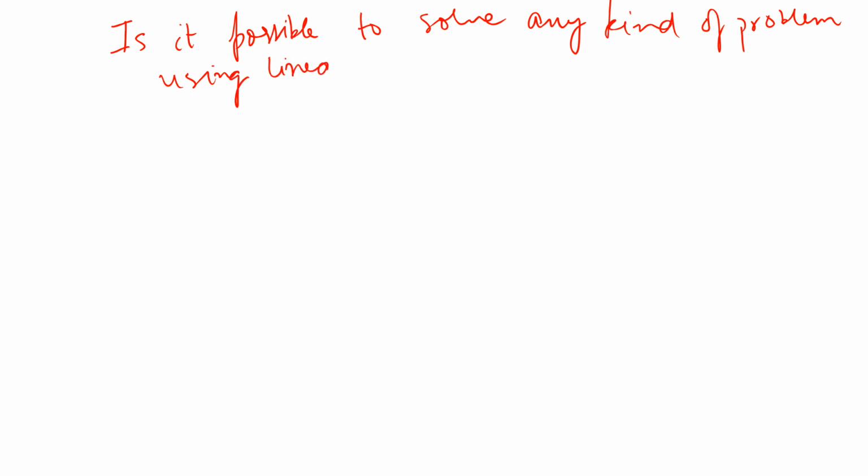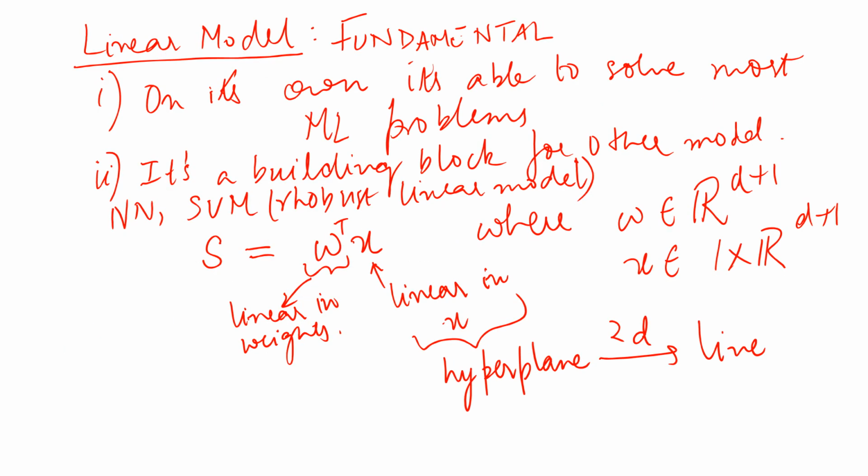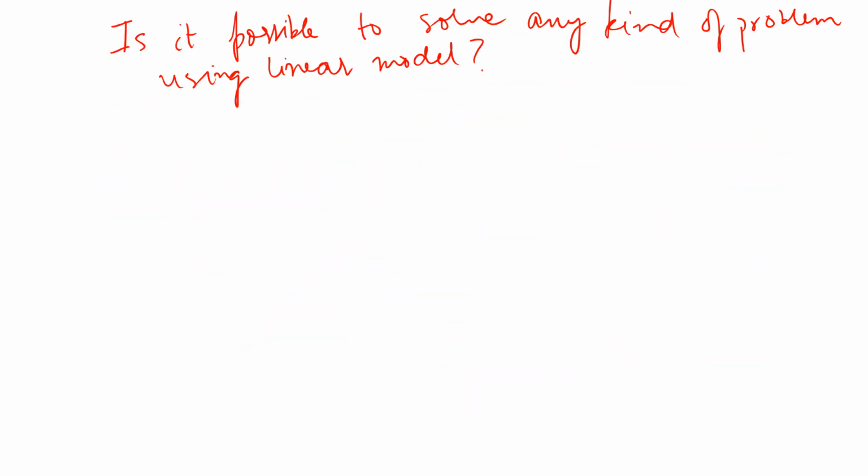Well, a short and quick answer to that question is yes, because as I said, this is one of the most fundamental models, and machine learning problems can be categorized into the three huge categories that we just looked at. So we can map this linear model to solving each of those problems in a certain way.